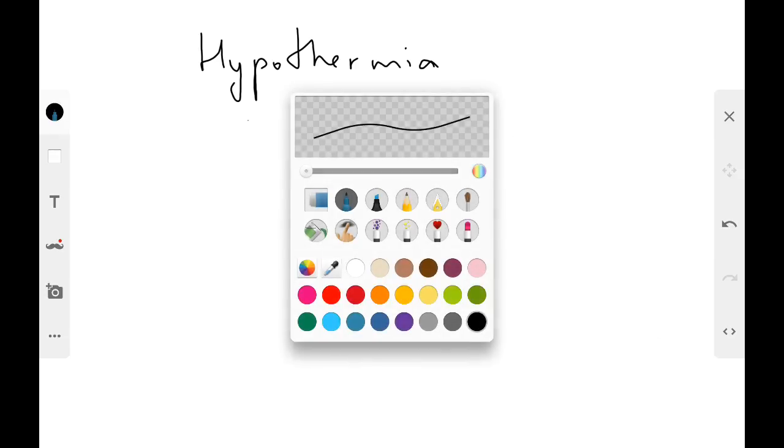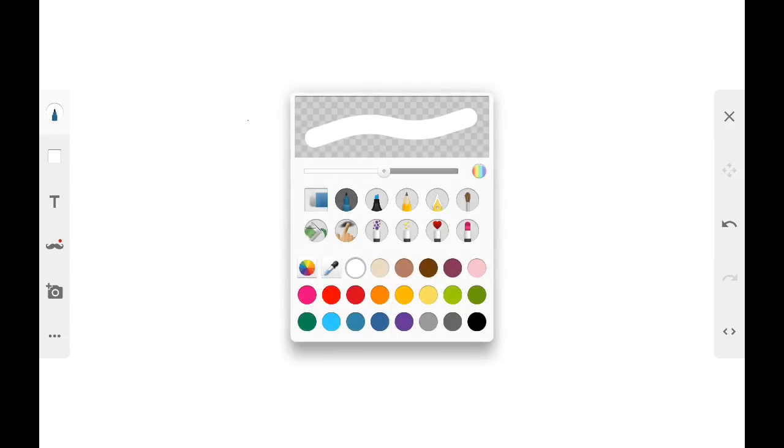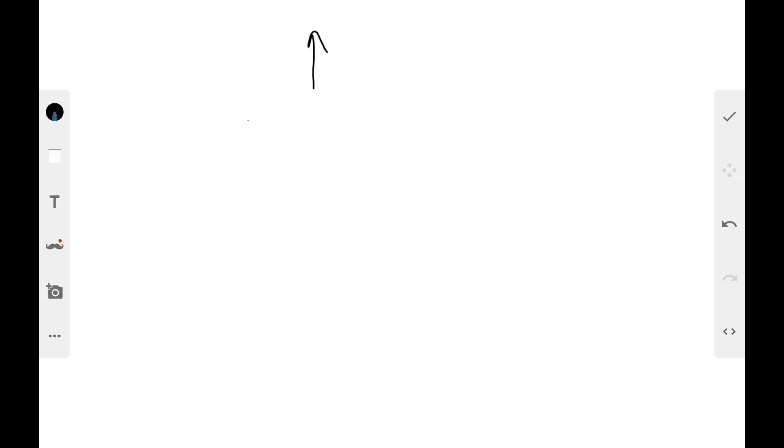Another type of situation is hyperthermia and fever. In both cases, the body temperature, the core temperature, what is important, increases.